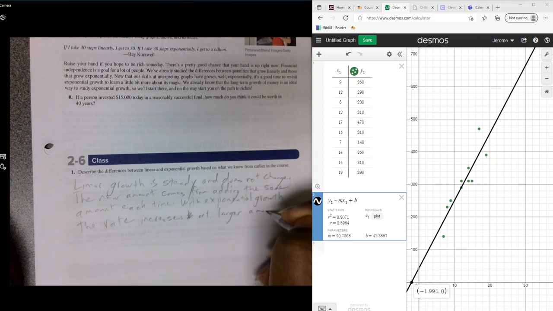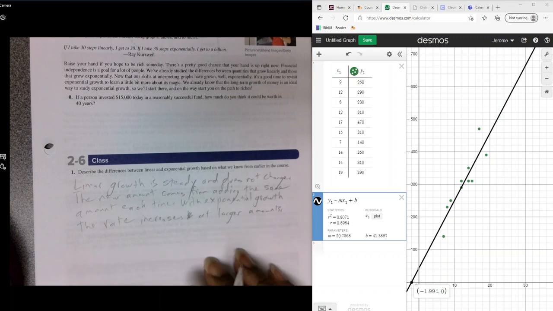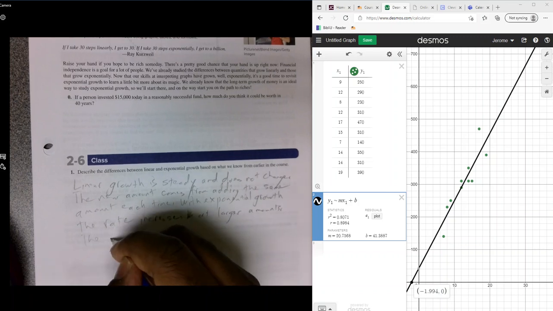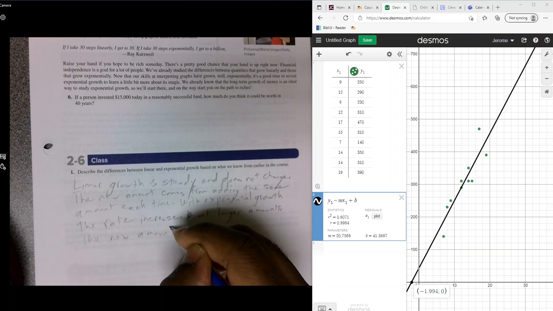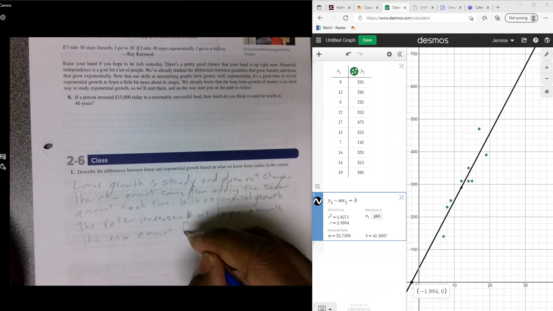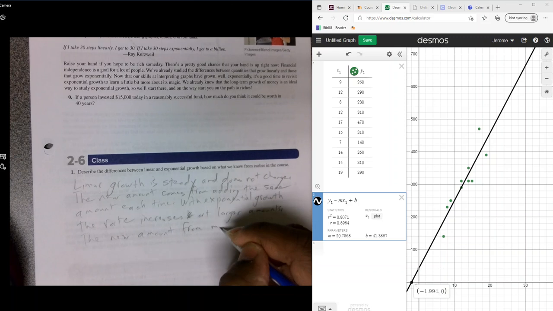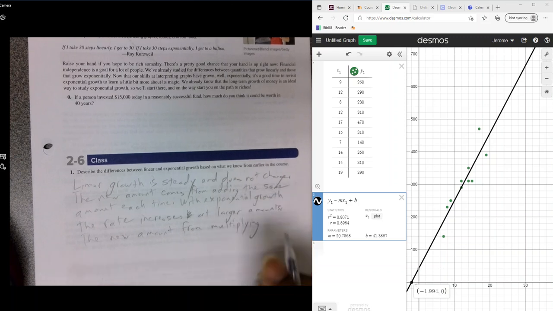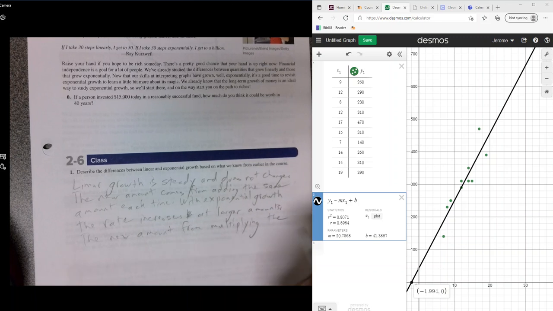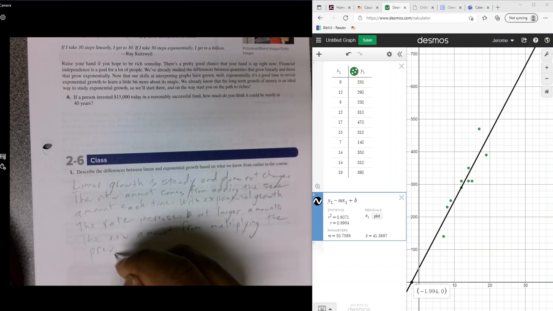The new amount comes from multiplying the previous amount by the same thing.